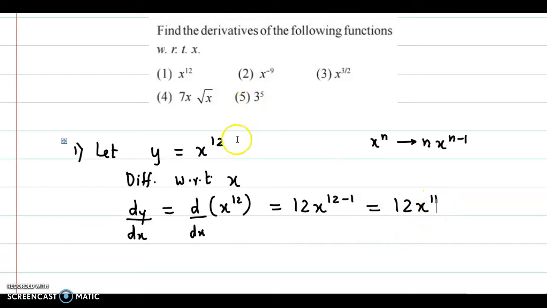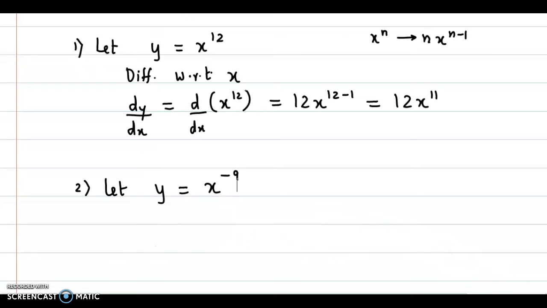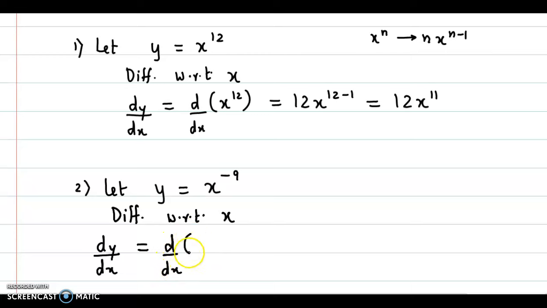Let's look at the next one, x raised to minus 9. Again we say let y be equal to x raised to minus 9. Differentiating with respect to x, we get dy by dx is equal to d by dx of x raised to minus 9.